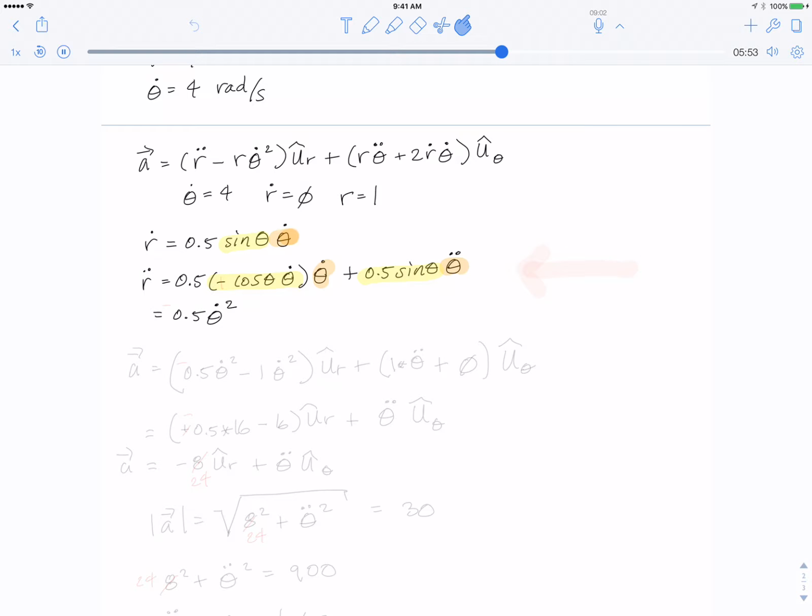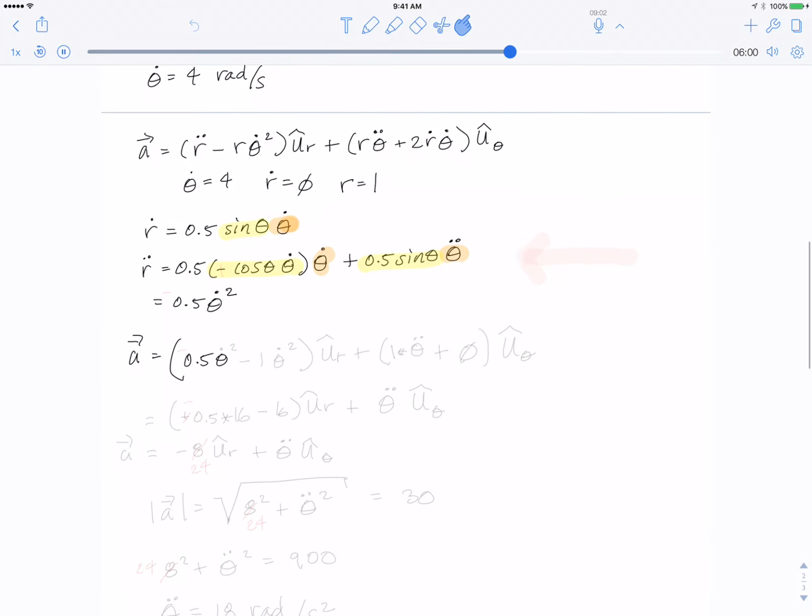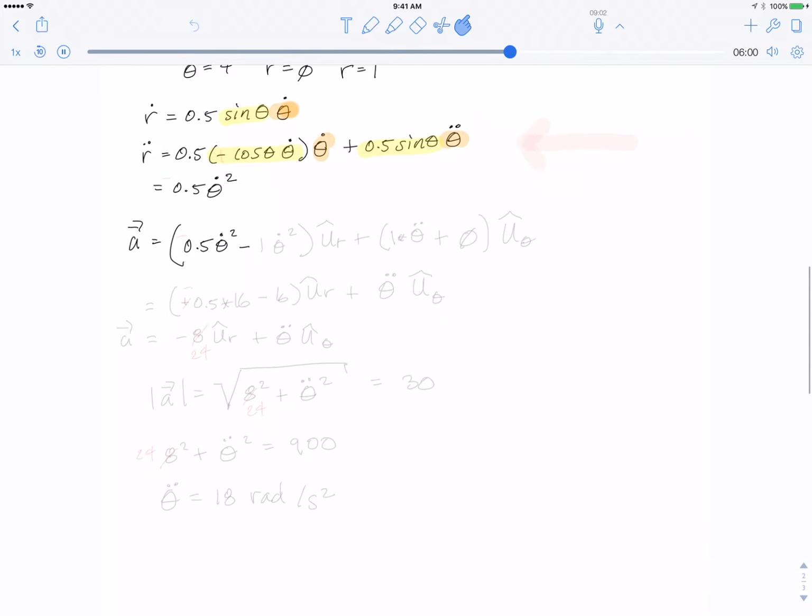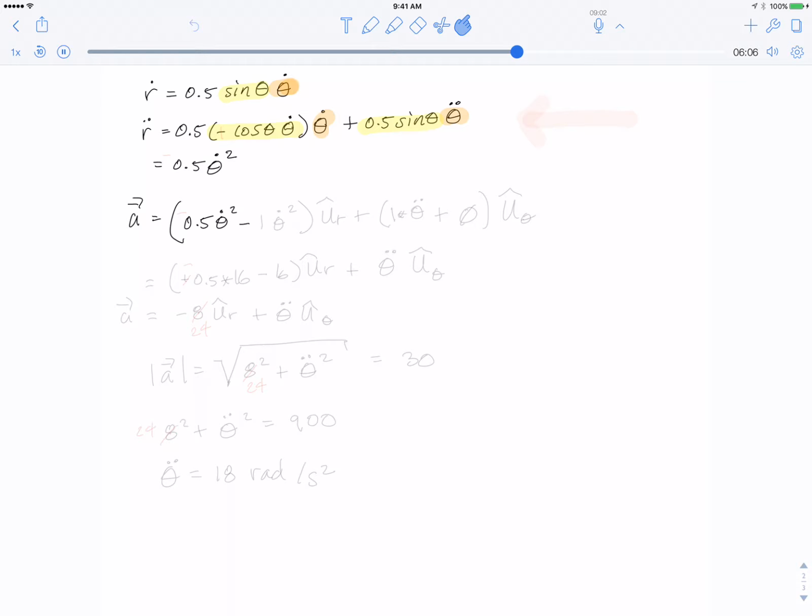Okay, so putting everything in, we get a equals 0.5 theta dot squared minus r, which is 1, times theta dot squared in the r direction, plus r, which is 1, times theta double dot, plus 2 r dot theta dot, but r dot at theta equals 180 was 0.